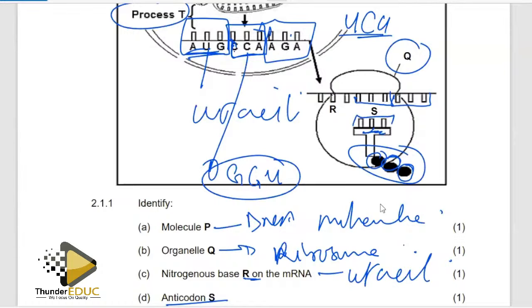Where is the S? Because they're saying anticodon S. The S was supposed to be shifted to either that side or this side so that you're able to identify which anticodon it is. But if S is put here, on the second one, then this is going to be the answer.